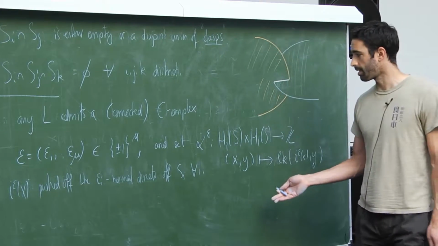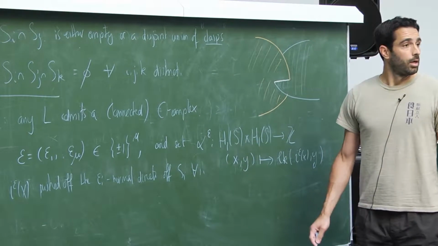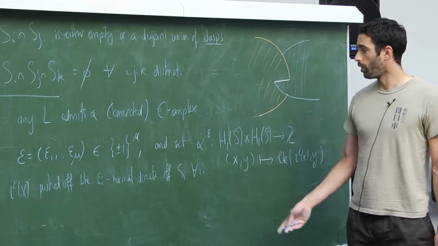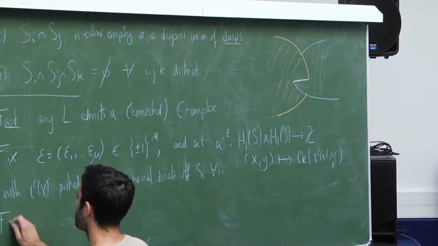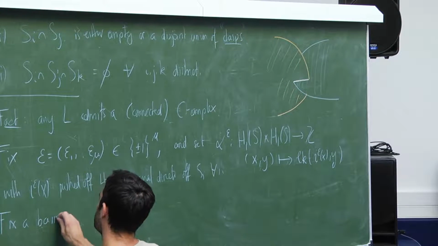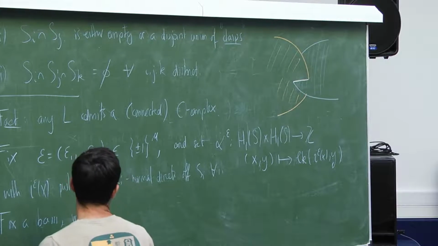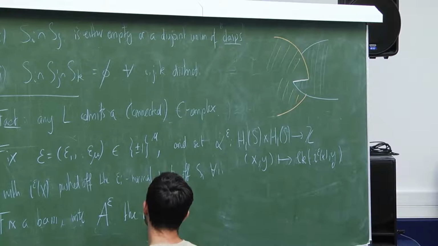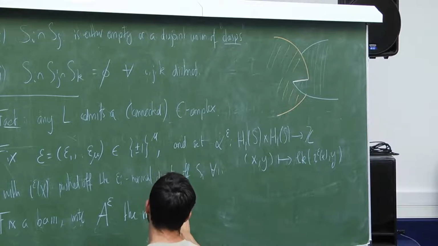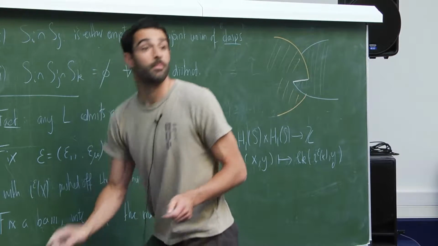Now we fix bases of the homology, and we write A epsilon for the matrix. Yes?